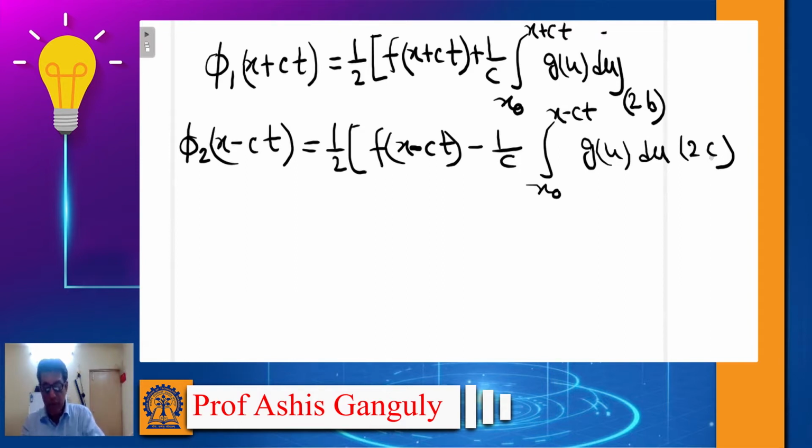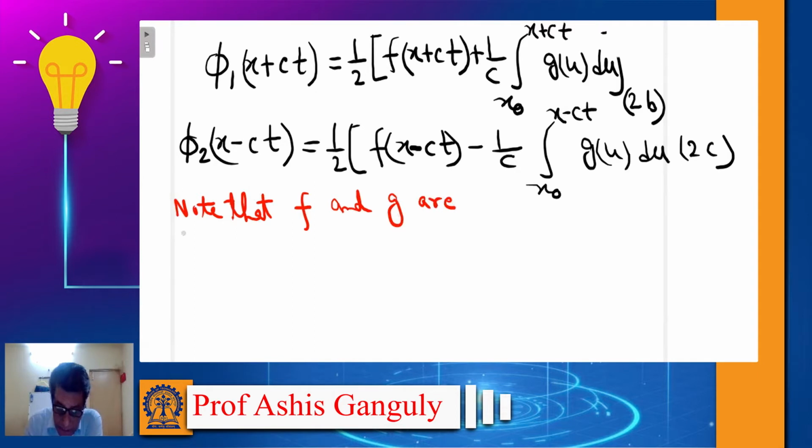Now, for this problem, what is the difference? So far, the solution I have written follows the same procedure as we did for the infinite string. The point is that the functions f and g are defined only for positive arguments.